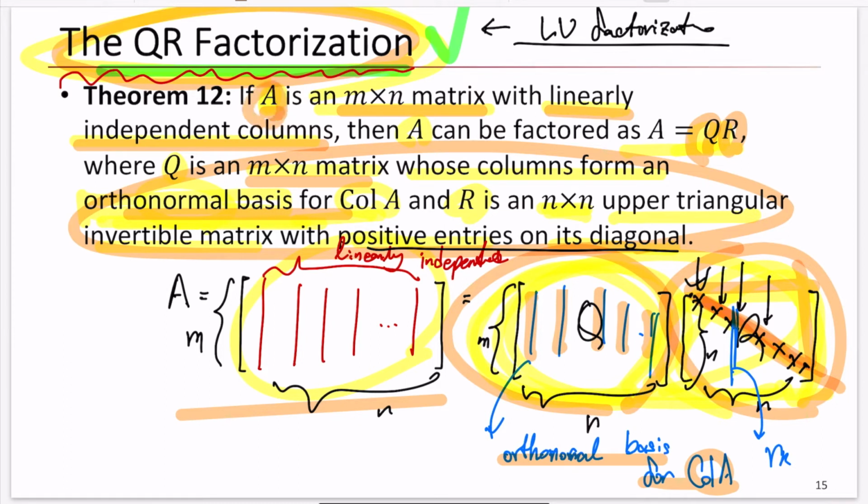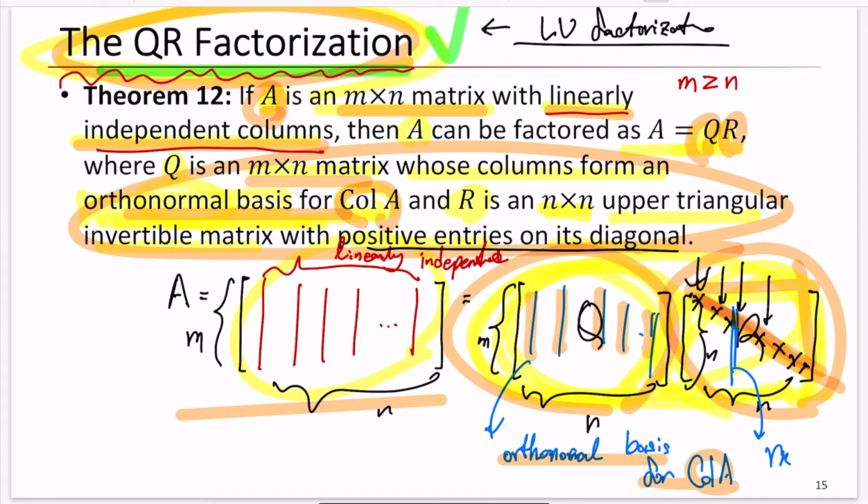If A is an m by n matrix with linearly independent columns, then A can be factorized as A equals QR. Q is an m by n matrix whose columns form an orthonormal basis for the column space of A, and R is an n by n upper triangular invertible matrix with positive entries on its diagonal. To have linearly independent columns, m should be greater than or equal to n.